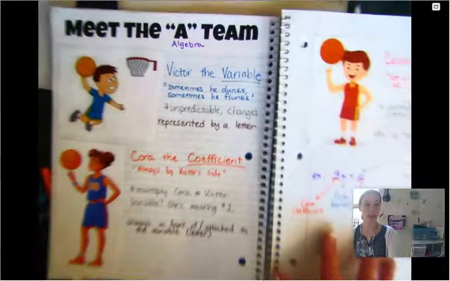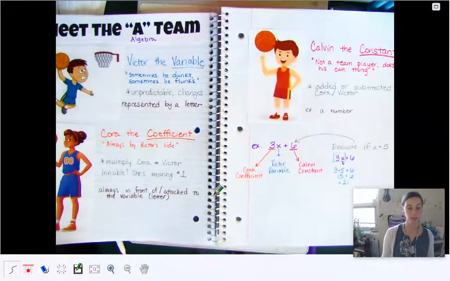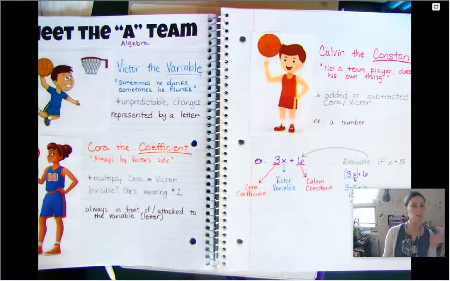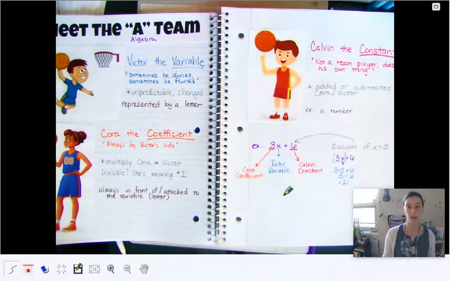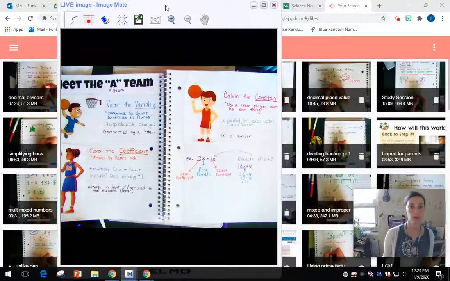And those are the three base terms that we need to talk about when we talk about algebra. So if you're a little bit confused right now, that's okay. I just wanted to lay the groundwork, and then we'll come back to this again and again and check in on what we're doing.